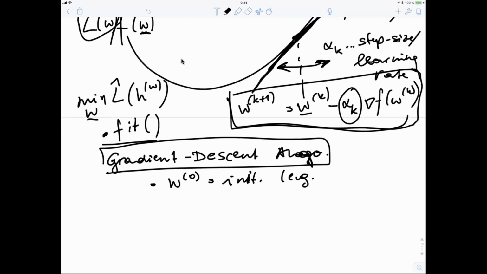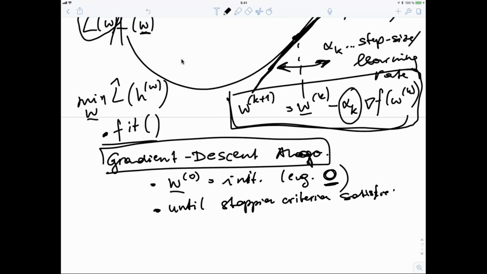For example, it could be all 0, all entries of the weights equal to 0, or random. Then we iterate the gradient descent steps until we reach a certain number, or let's say we formulate this more generally, until a stopping criterion is satisfied.